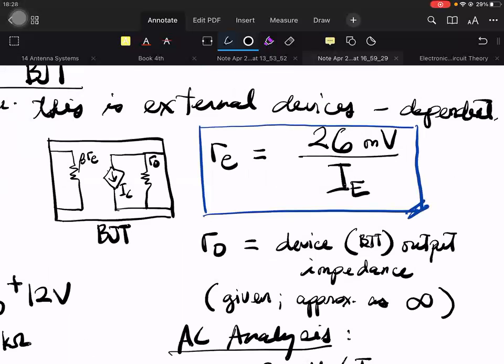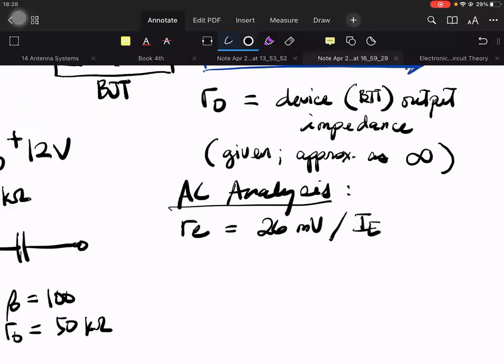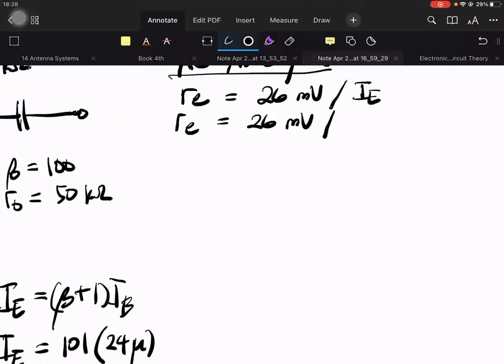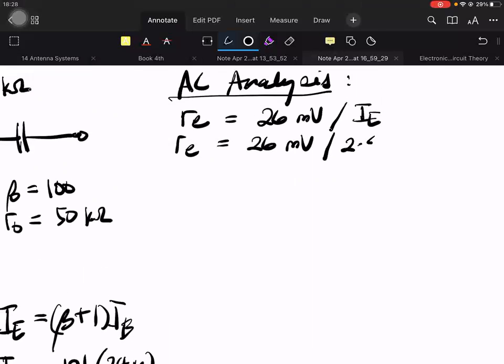So start familiarizing yourselves with this formula, 26 millivolts over IE. So RE is 26 millivolts divided by the IE obtained earlier, 2.43 milliamperes. Millivolt over milliampere is ohms. So 10.71, about 10.7 ohms.